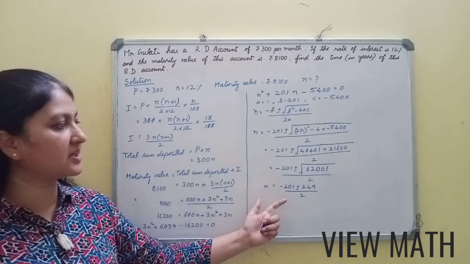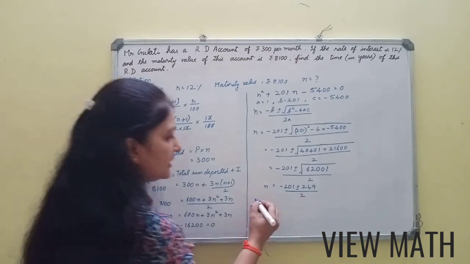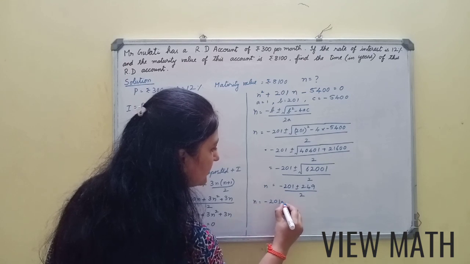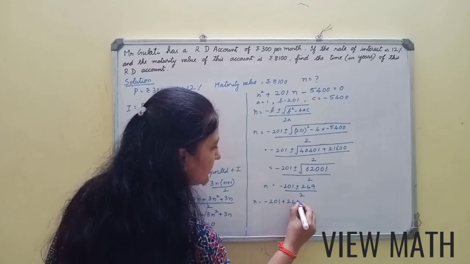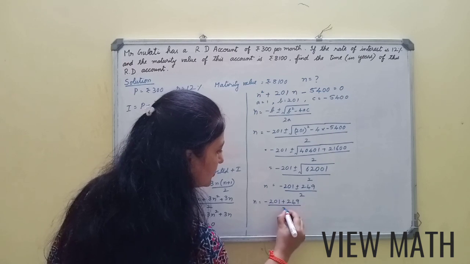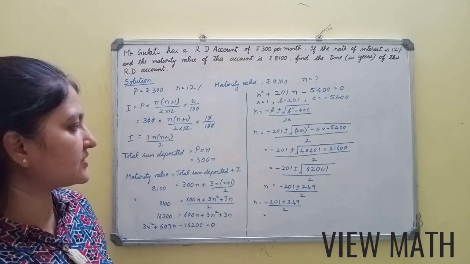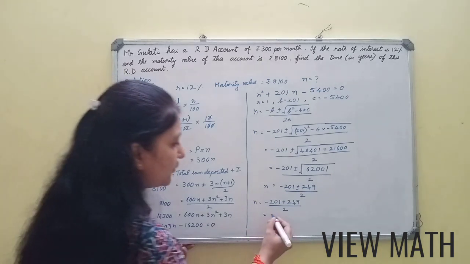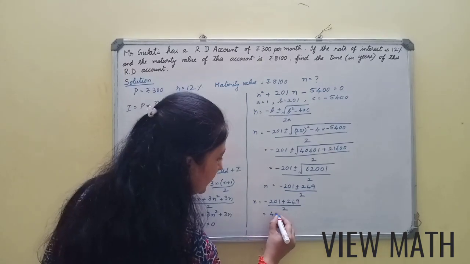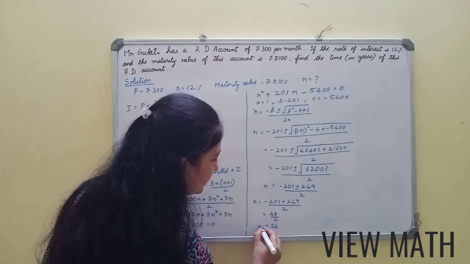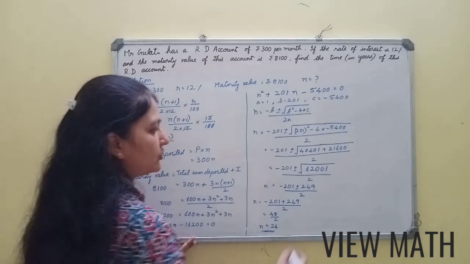Now let me take the positive sign and negative sign separately. So n is equal to minus 201 plus 249 by 2. This is equal to, so minus 201 plus 249 is 48. 48 by 2 which is equal to 24. So n is 24.